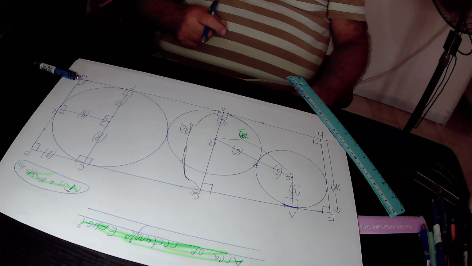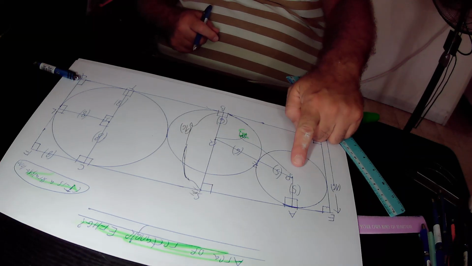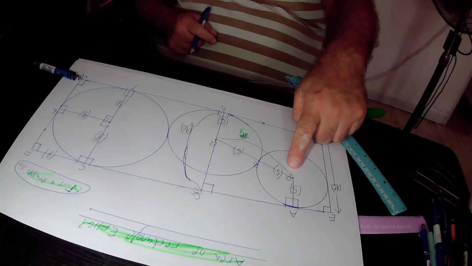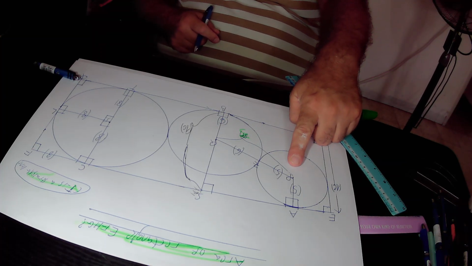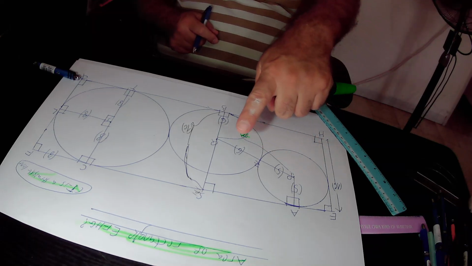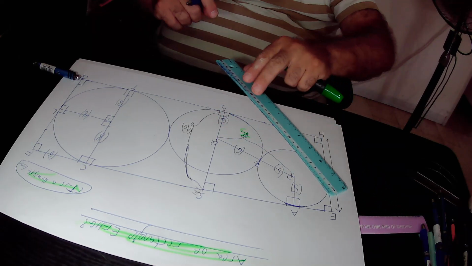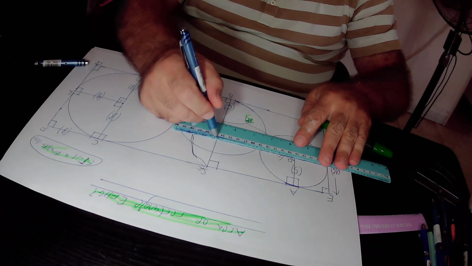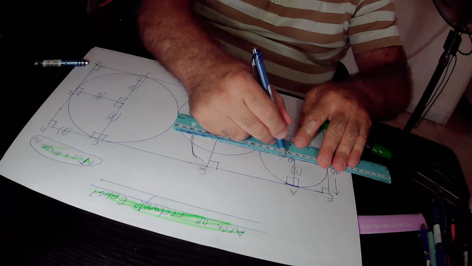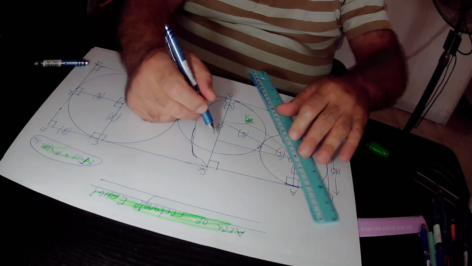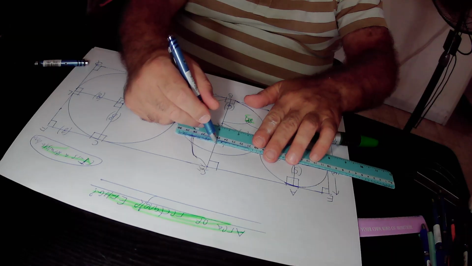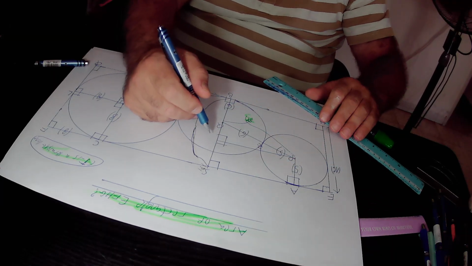In the next step, from point P, that is the center of this small circle, we will go perpendicular on SB. So this angle equals 90 degrees, and this angle also equals 90 degrees according to our construction.